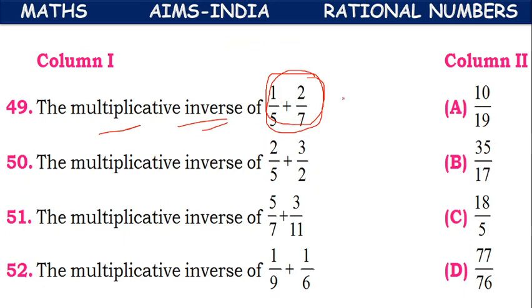Multiplicative inverse means after getting the answer, whatever numerator by denominator you get, we have to reverse it, denominator by numerator. Then you will get the answer. So this one is homework, children. You can solve these questions and find the answers.